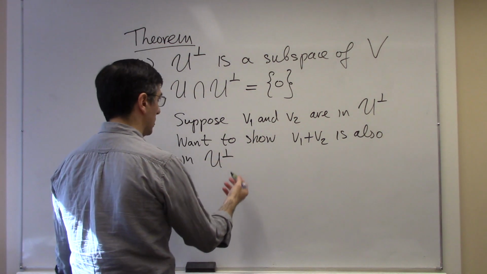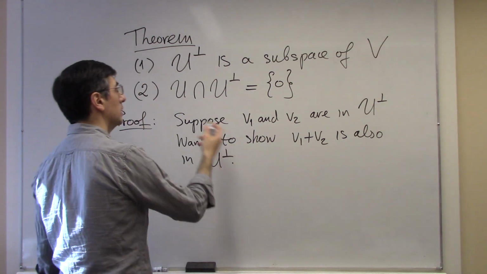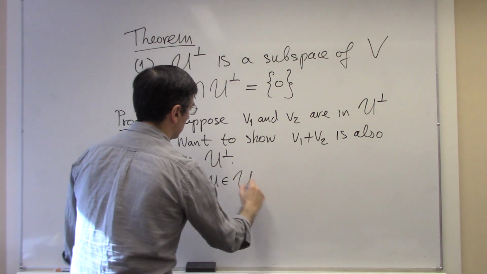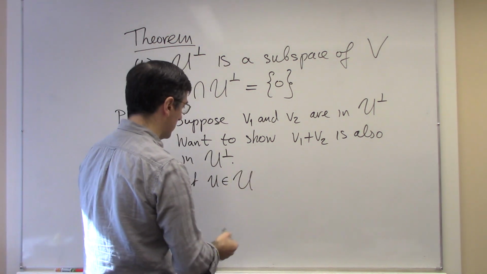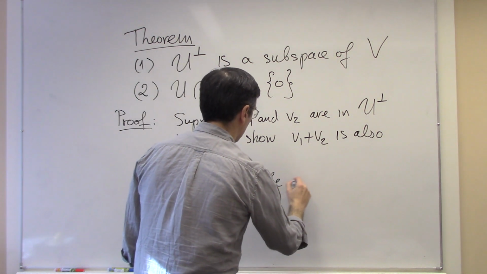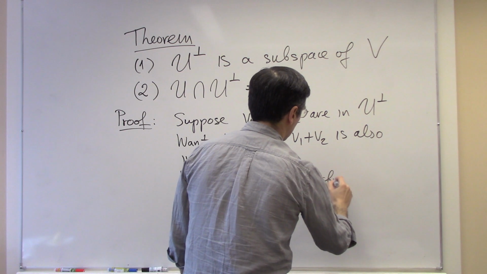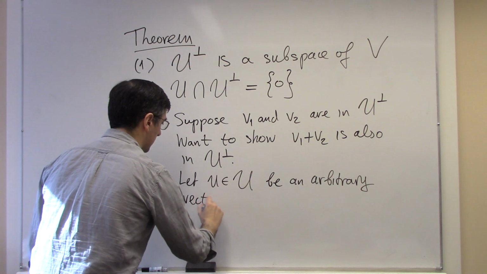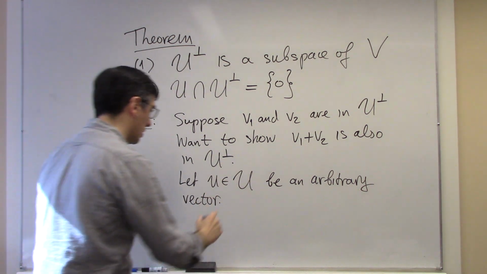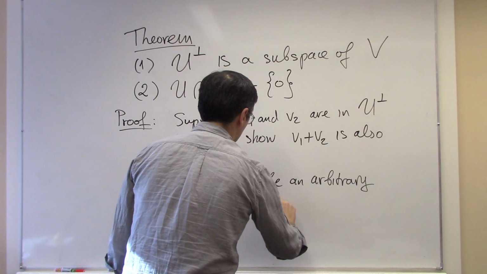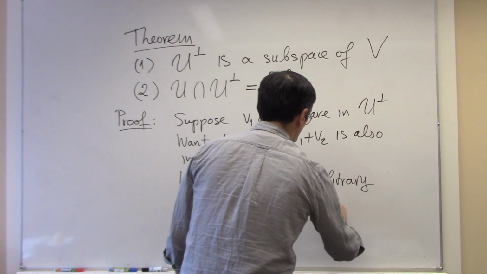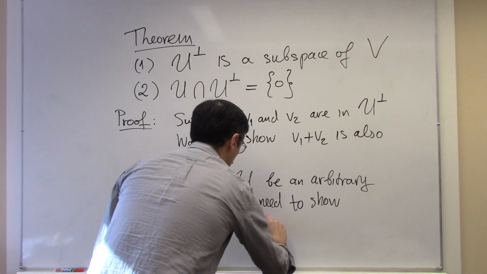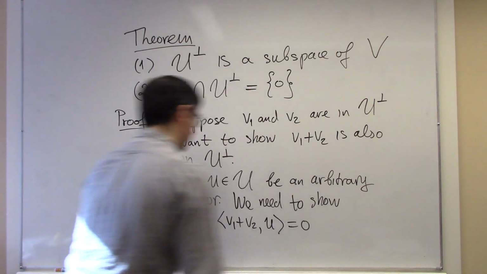So what you do, you have to take an arbitrary vector u in the subspace, so there is a small u, there is a capital U, let u be an arbitrary vector, and we need to show that the inner product of v1 plus v2 with u is 0.